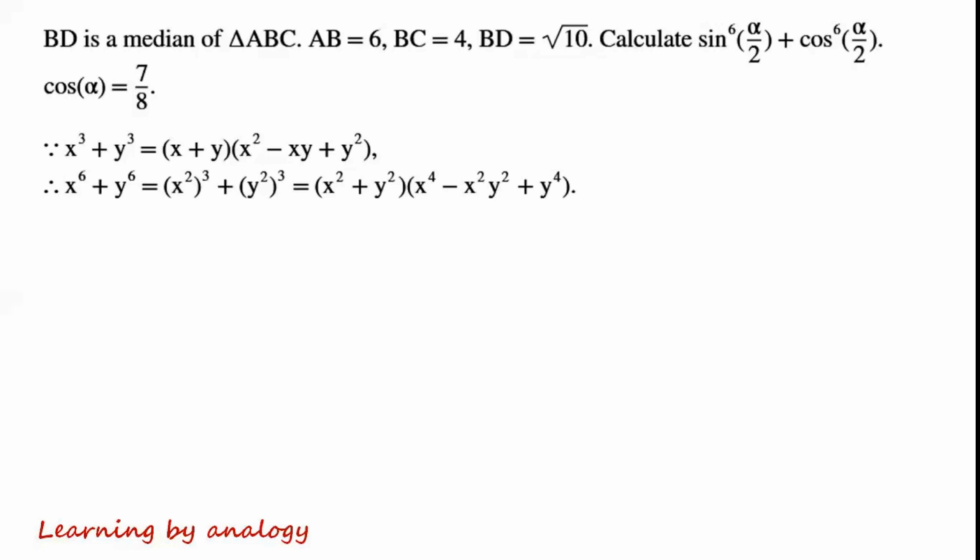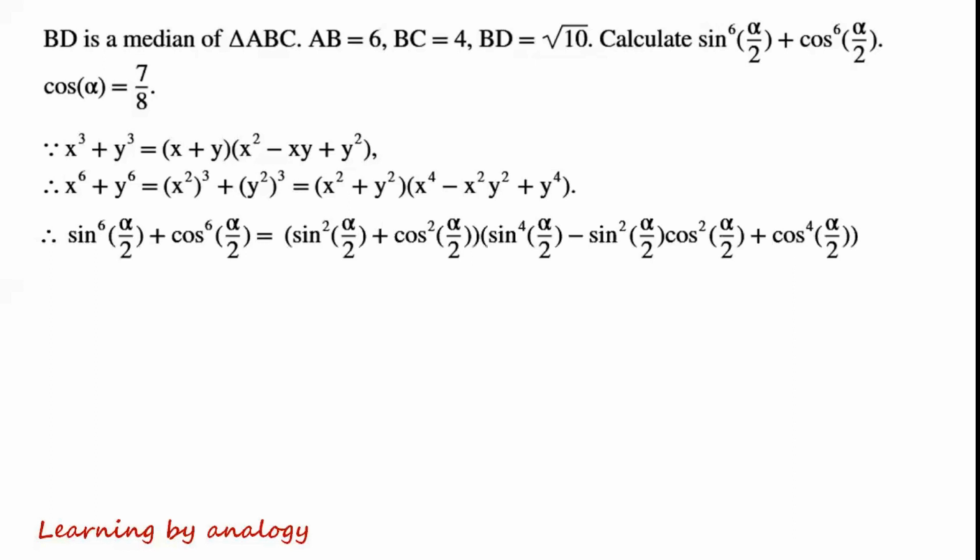By applying the same factorization, we can now write x squared plus y squared times x to the power of 4 minus x squared y squared plus y to the power of 4.